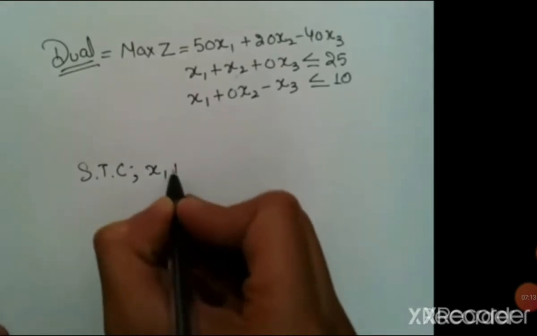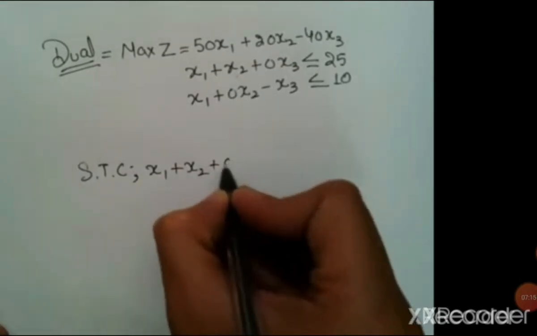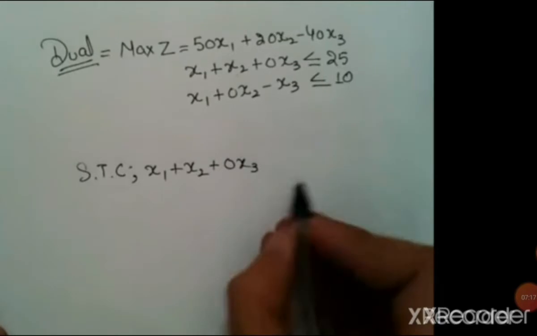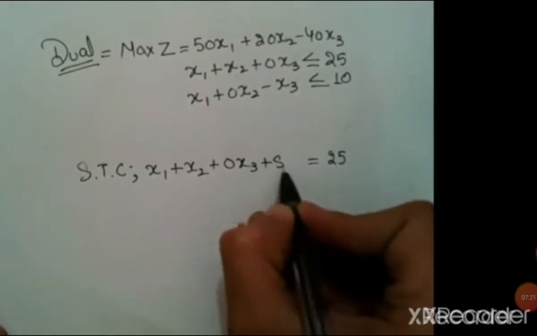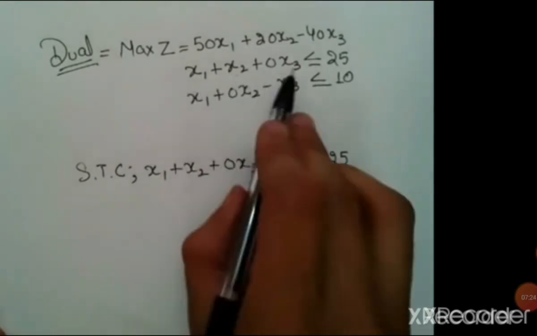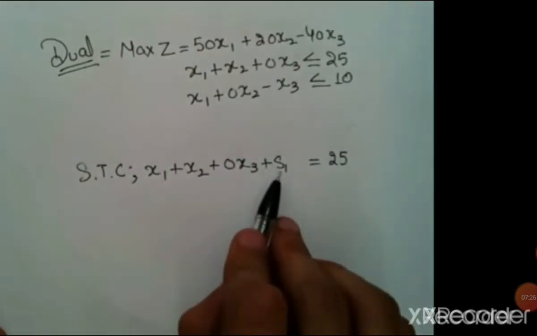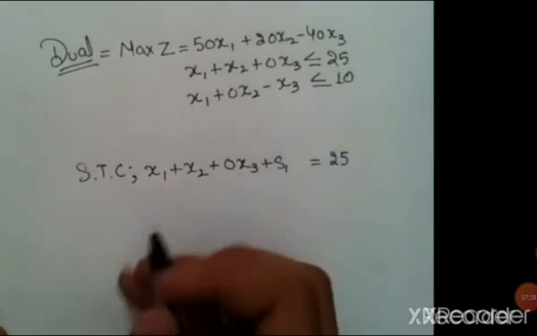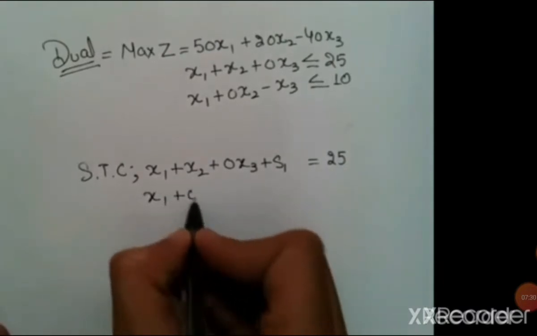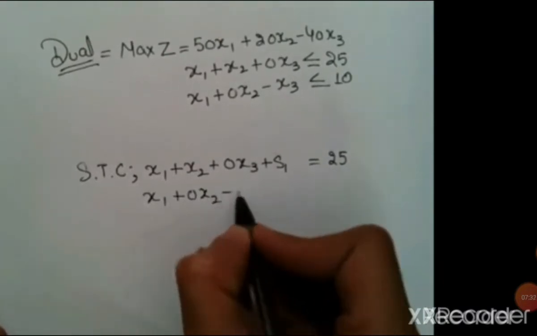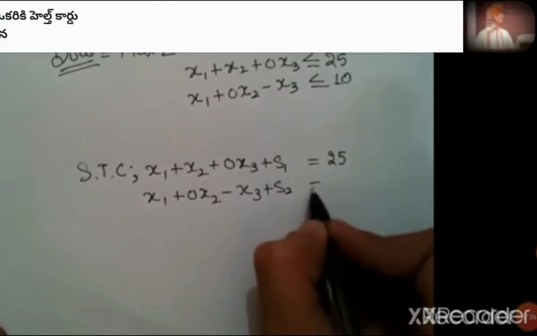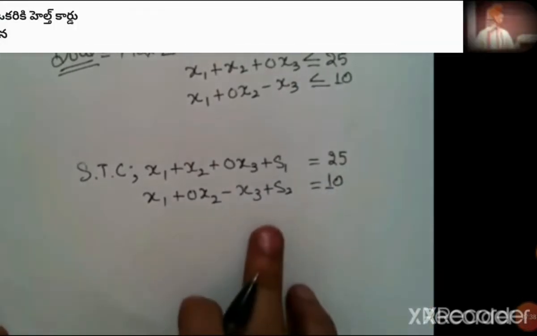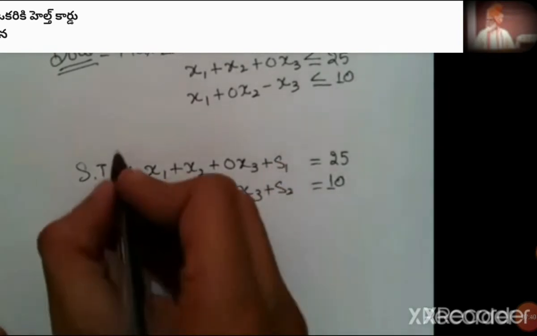Subject to the constraints: x1 plus x2 plus 0x3 plus s1 equal to 25, so you have to add the s1 value. Similarly, x1 plus 0x2 minus x3 plus s2 equal to 10.